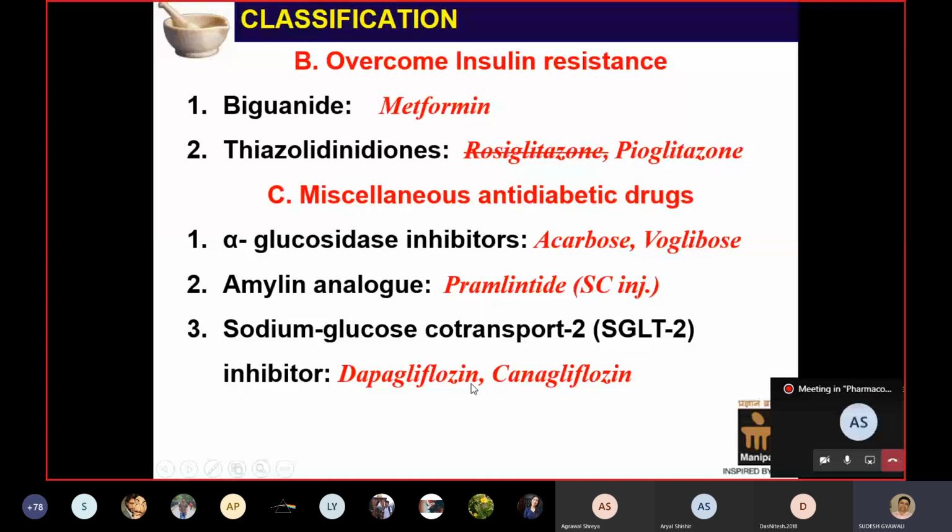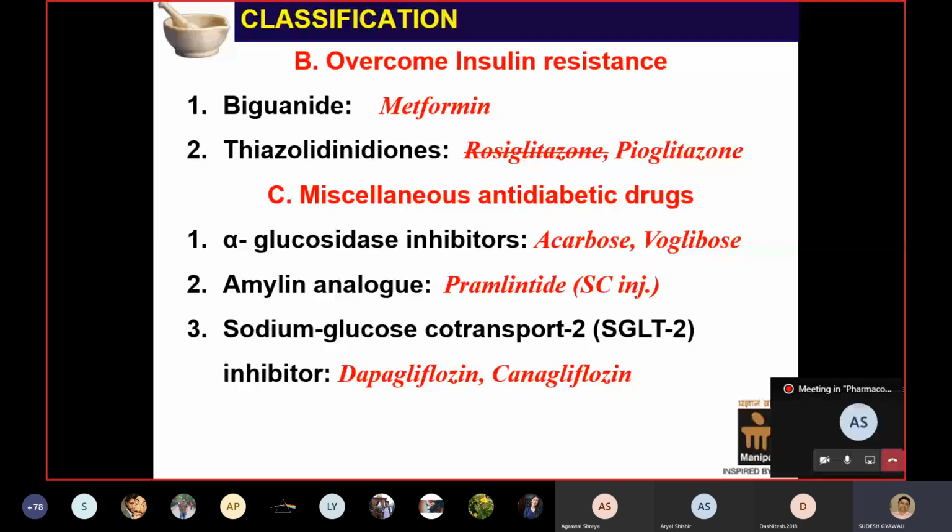Among all these drugs, the most commonly preferred one, which is added in guidelines, is metformin. When you see the world-class guidelines for the treatment of diabetes mellitus, you will find metformin at the top, okay, and then comes the sulfonylurea group of drugs.